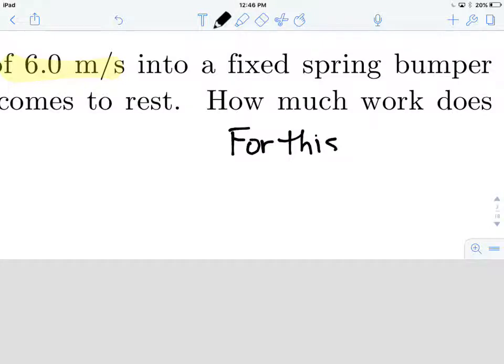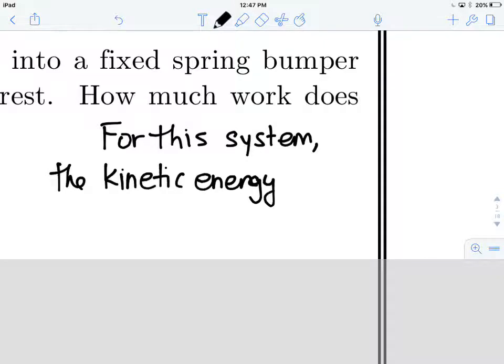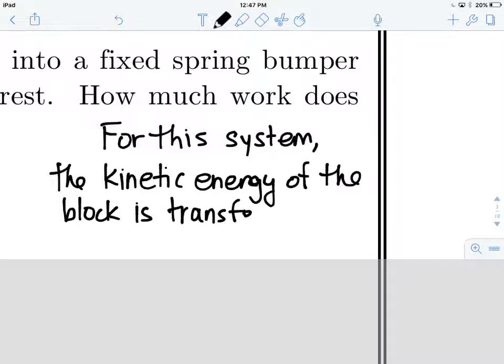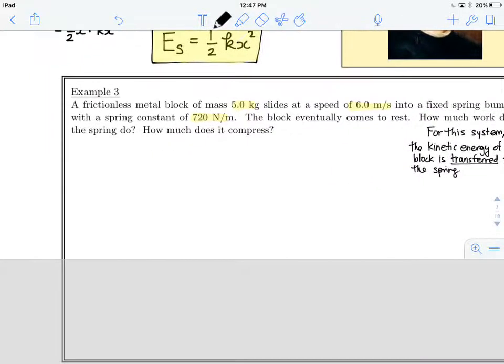For this system, the kinetic energy of the block is transferred to the spring.